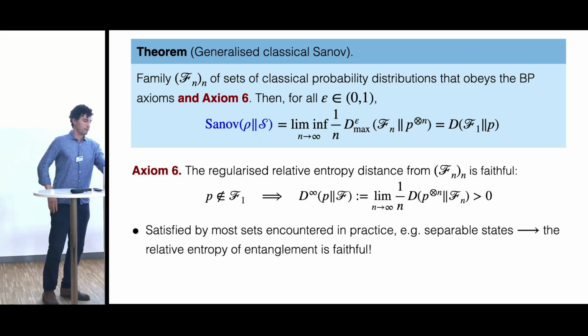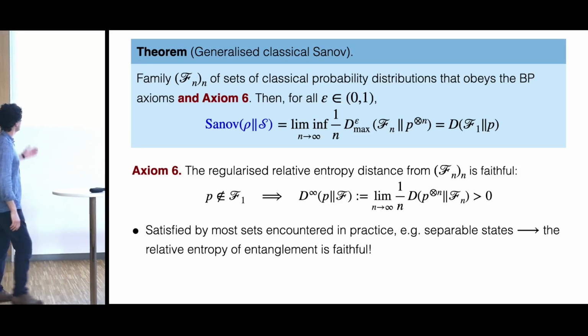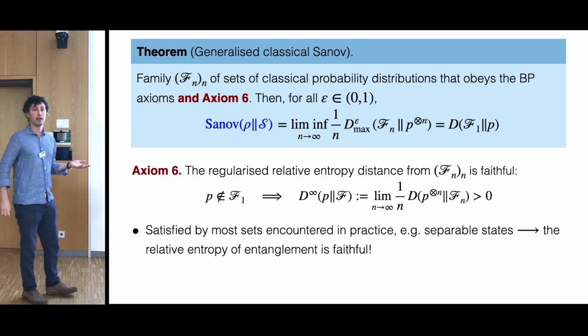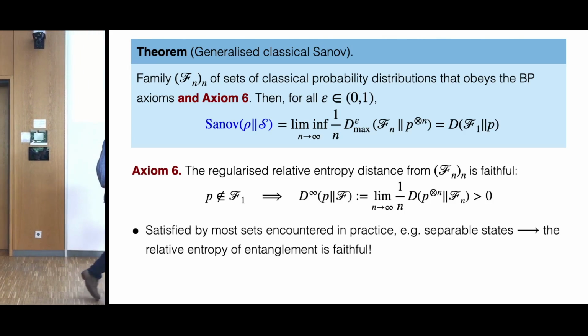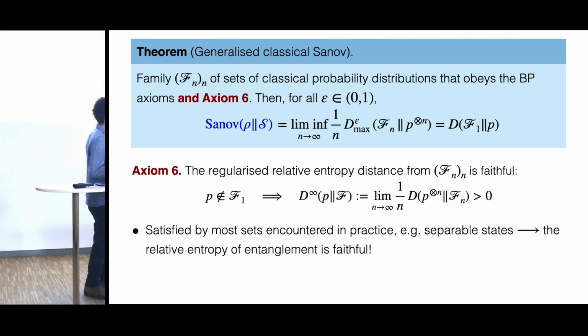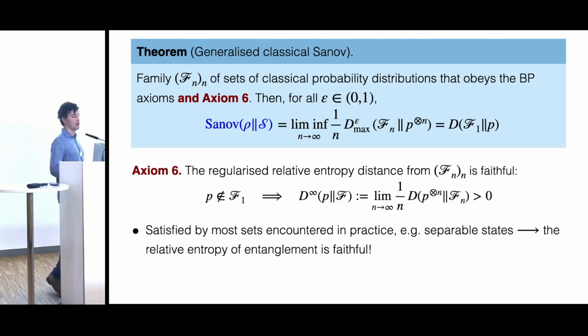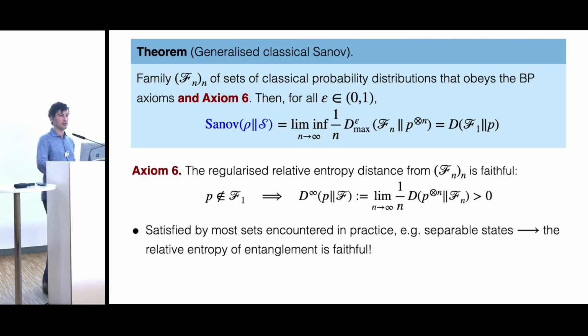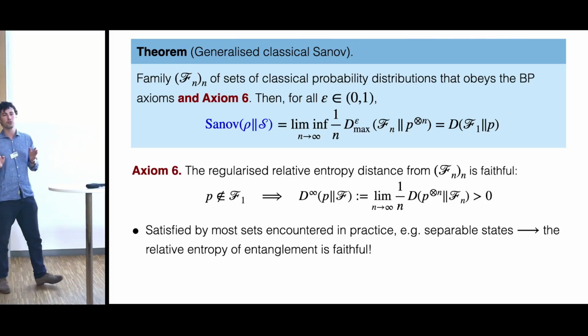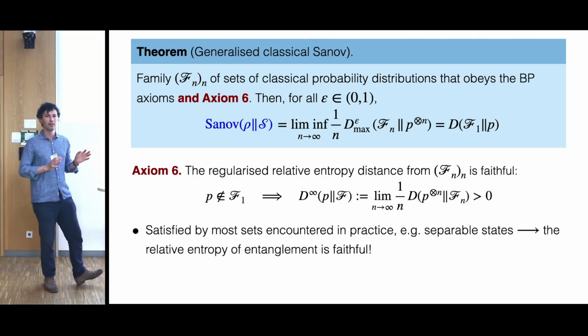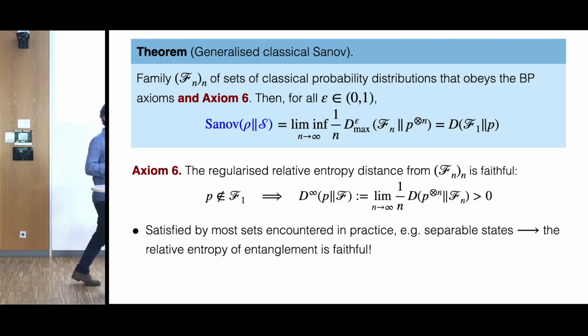Okay, so on the one hand, this is satisfied by most sets one encounters in practice. For example, if you look at a quantum version of this, it's satisfied for separable states because we know that the regularized relative entropy of entanglement is faithful for separable states. The other important point is that there are a few rules in information theory. One of the rules is that you should never put an entropy in the axioms. The entropy should always come out of the result, never in the axioms.